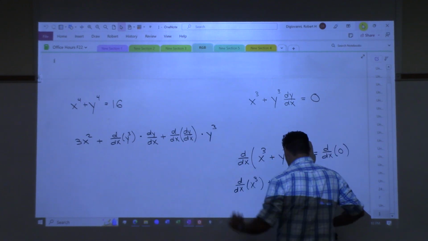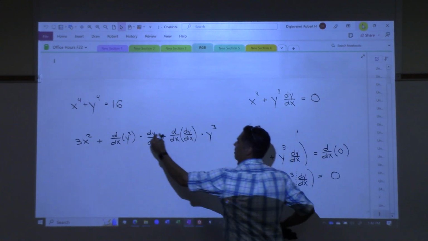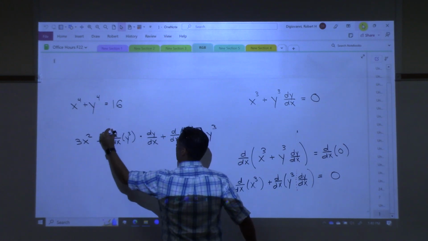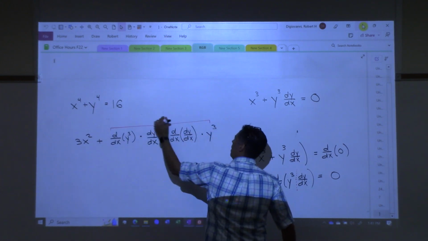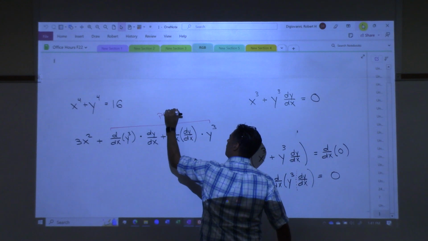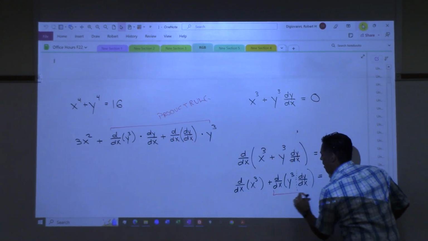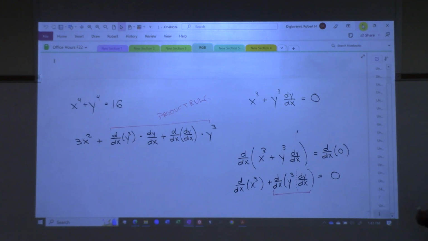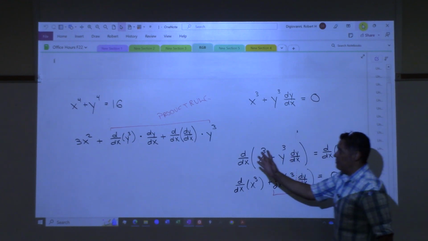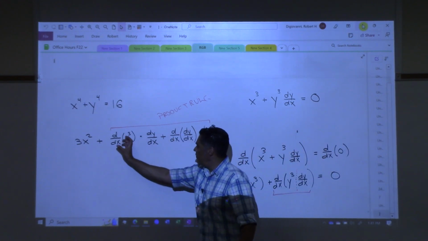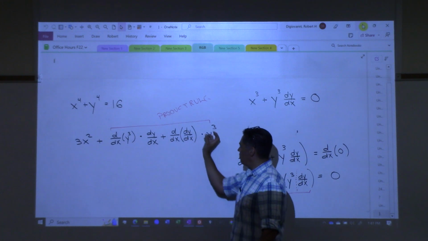Everything you see here is our product rule, right? Rule being applied to this right here. Any questions on that? I haven't actually done these derivatives. I'm just writing down the formula. Derivative of the first times the second plus derivative of the second times the first.